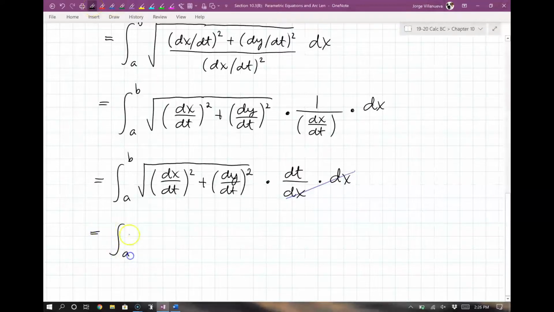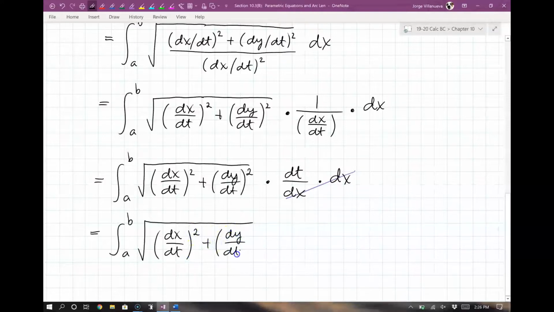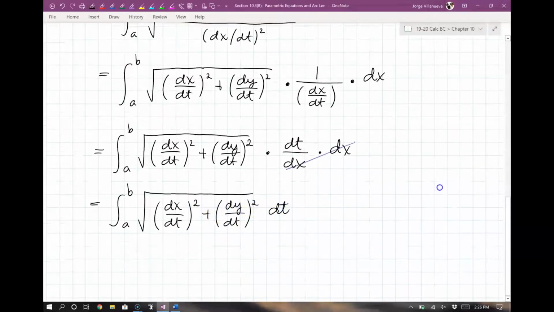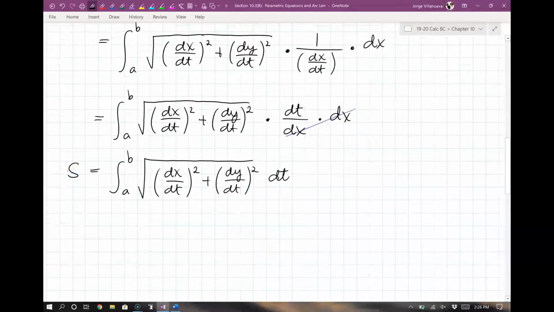So integral from a to b of the square root of dx dt squared plus dy dt squared dt. So this is one form of the arc length in parametric form.